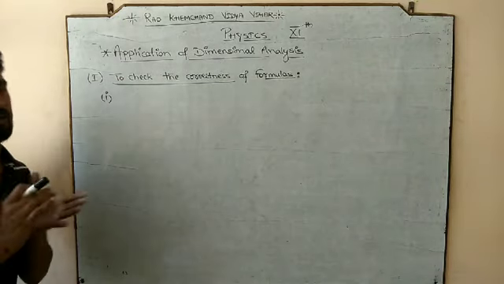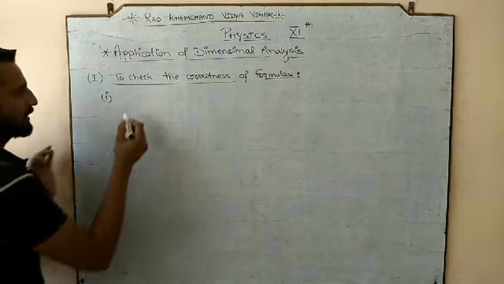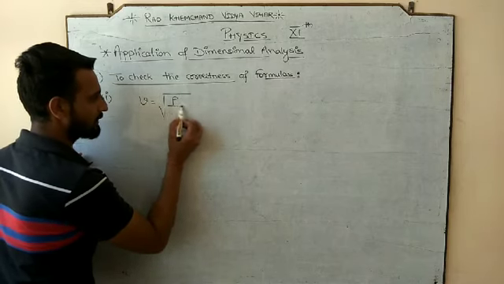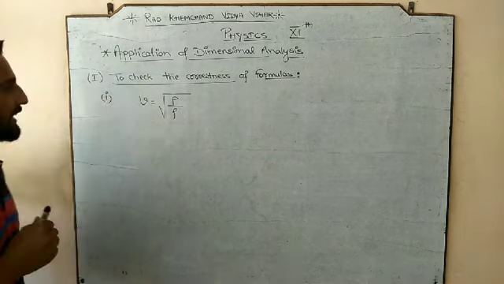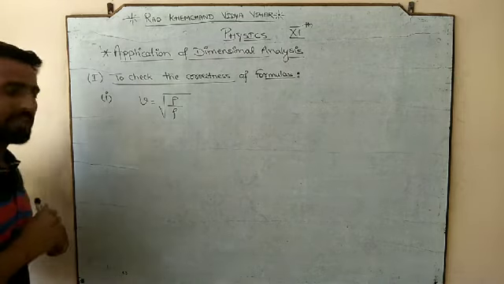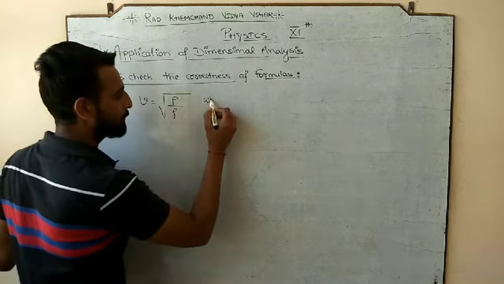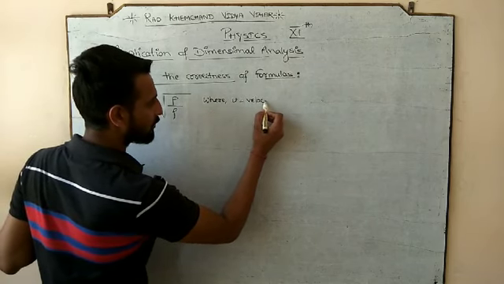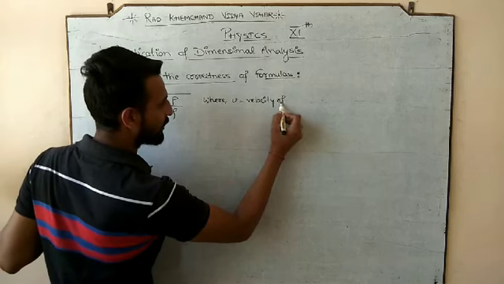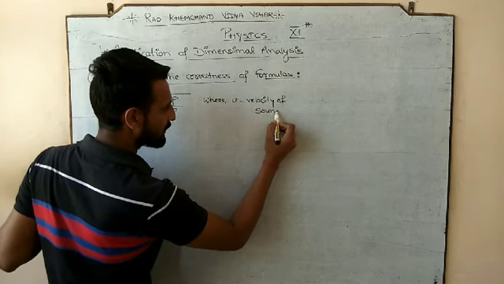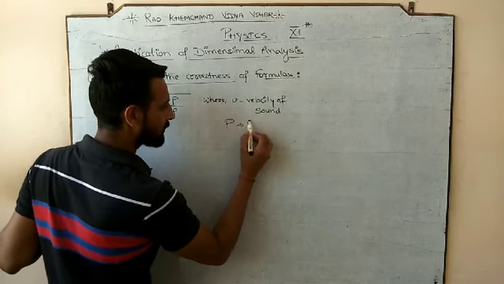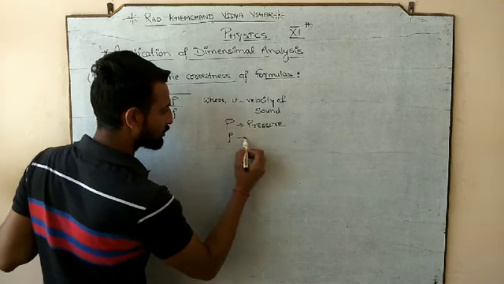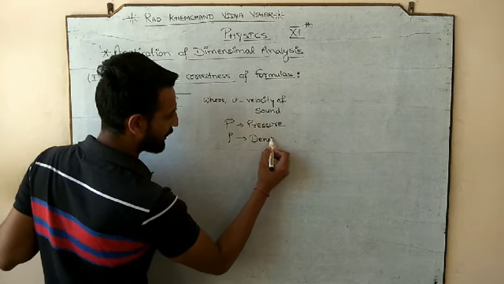For example, if I give you the formula V is equal to under root P by rho, where V stands for velocity of sound, P stands for pressure, and rho stands for density of air.